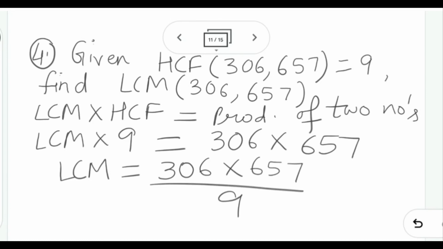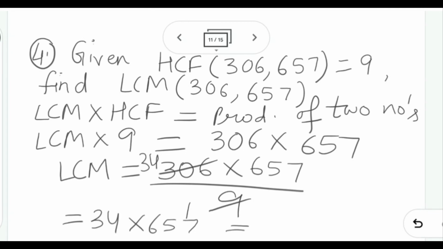Now we'll just simplify it. We can cancel, we can reduce on 9's table. This will get divided by 9 and we will get 9 3s are 27 and 9 4s are 36. So we will get 34 here. So we are left with 34 into 657.